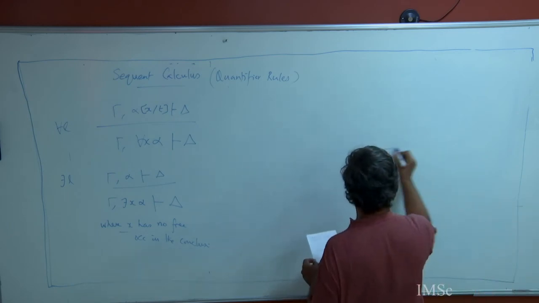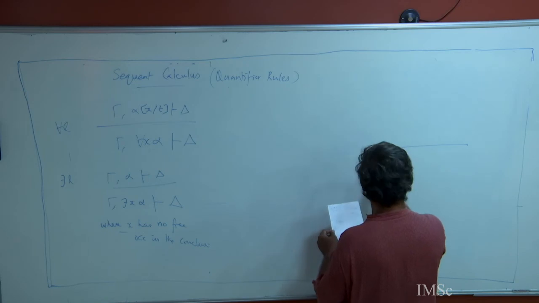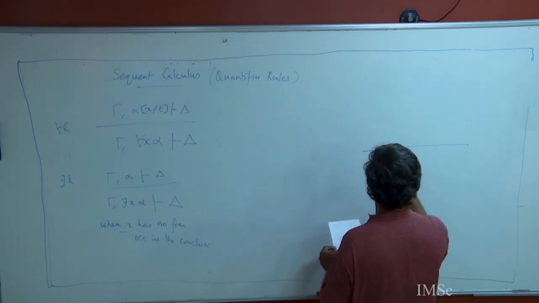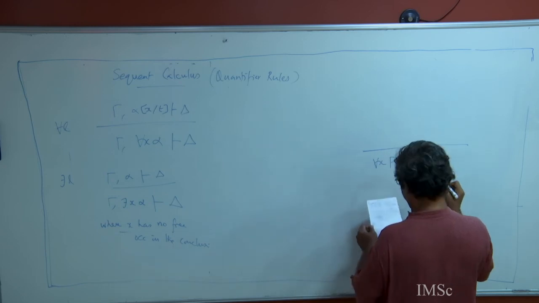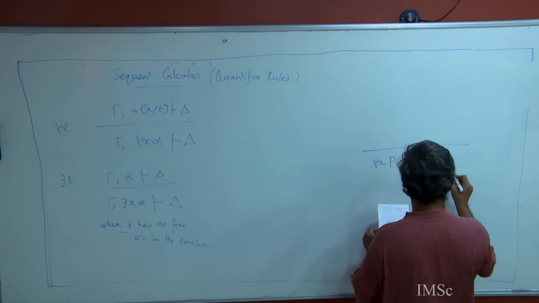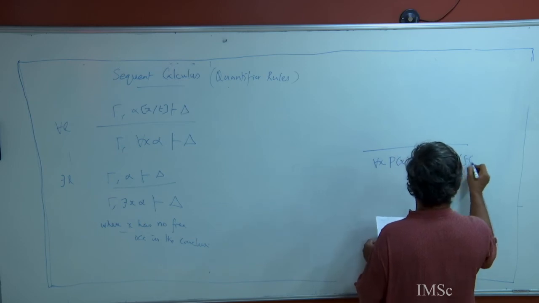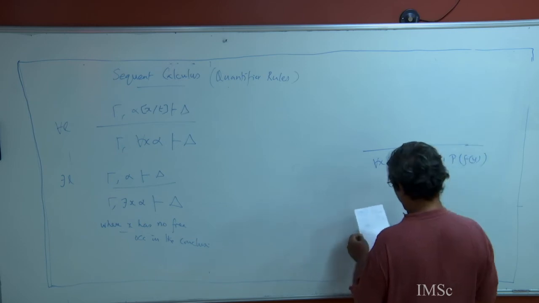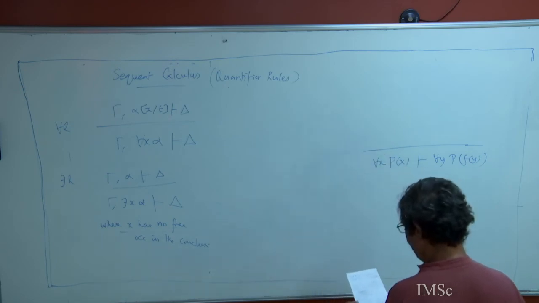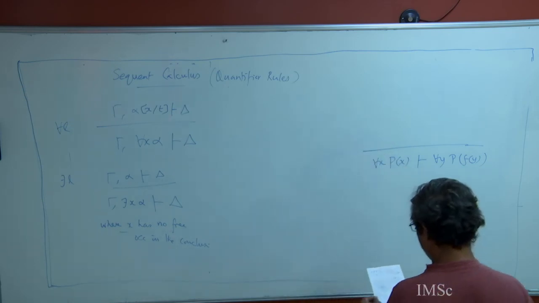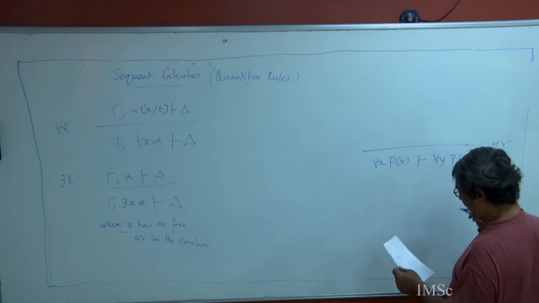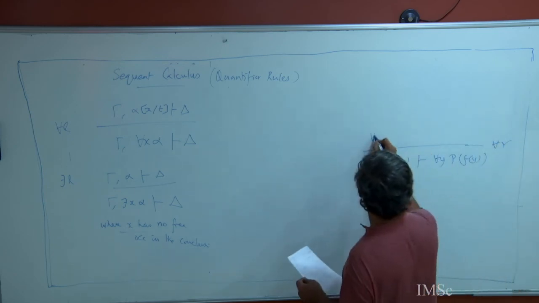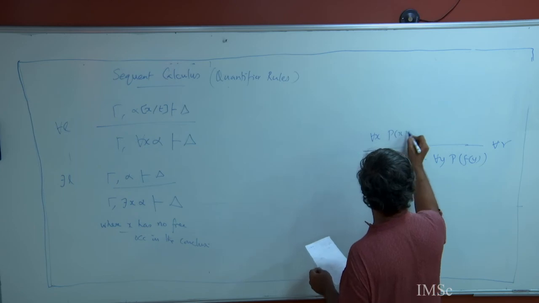So for instance, I want to show something fairly obvious, huh? For all y, yeah. So I use the for all right rule, for all x px.